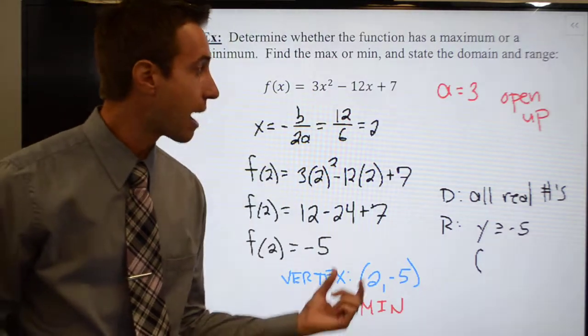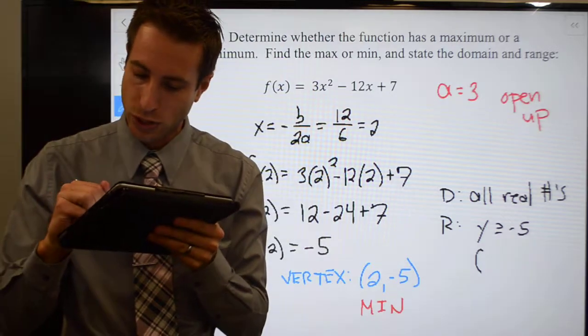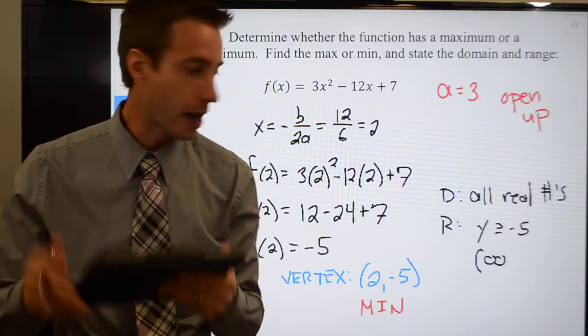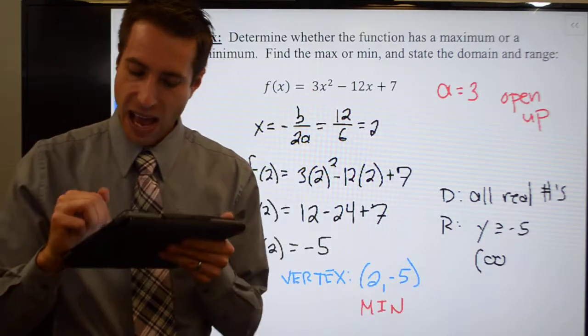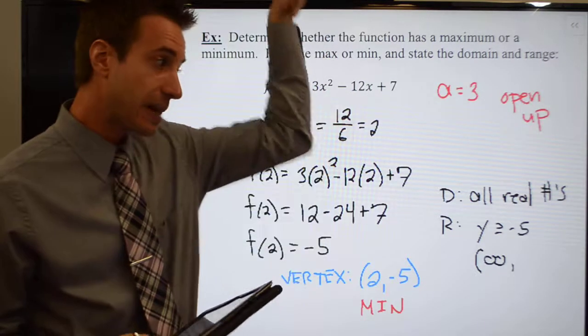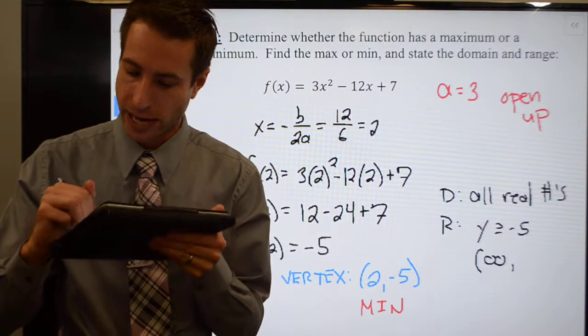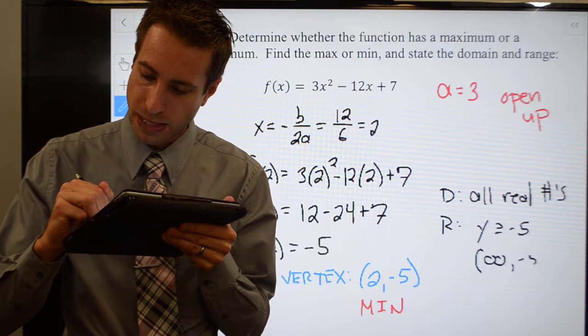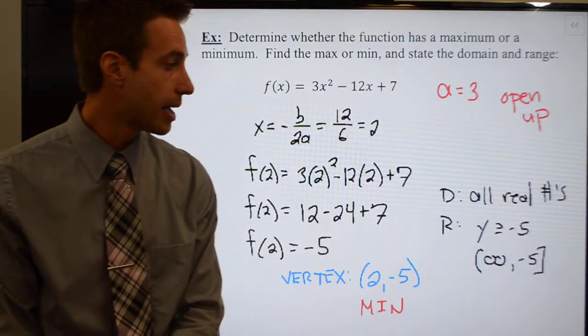So because my graph is opening up, I would start at positive infinity, which is not included. That's why I need to use a parenthesis. I can't include infinity. And then it'll be everything coming down to -5, my vertex. But -5 represents my vertex and is included, so I would use a bracket.